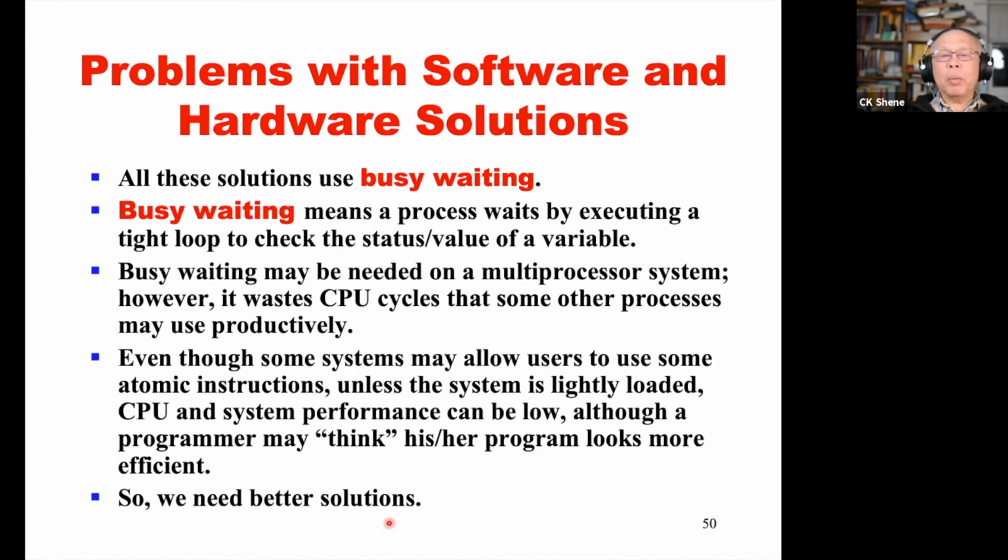Usually, these better solutions are supported at the kernel level through system calls or something else. In this course, we will talk about semaphores, monitors, locks, and so on. But that is in the future, not now. And this is the end of this very short discussion of hardware support.